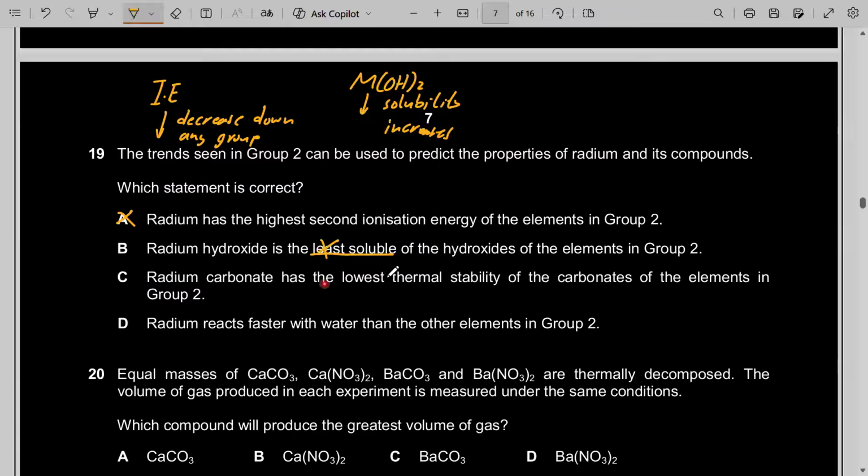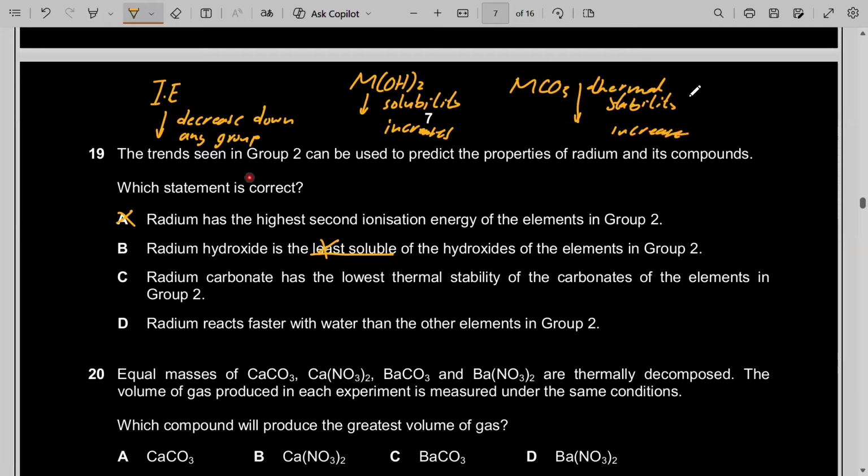C says radium carbonate has the lowest thermal stability. Now with respect to carbonates, the thermal stability of the group 2 carbonates increases down the group. Thermal stability increases.